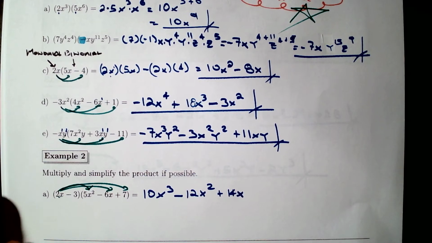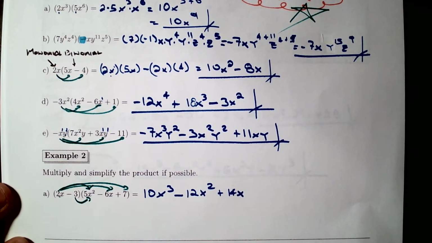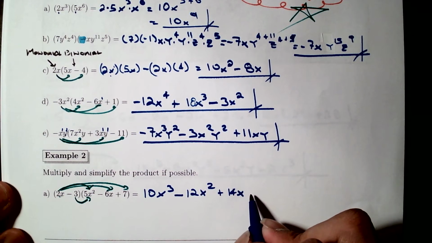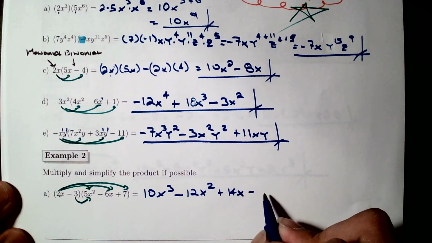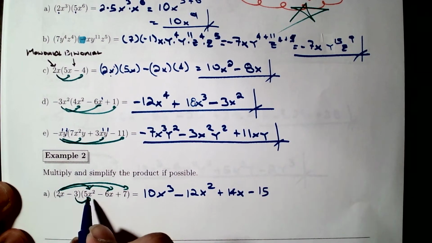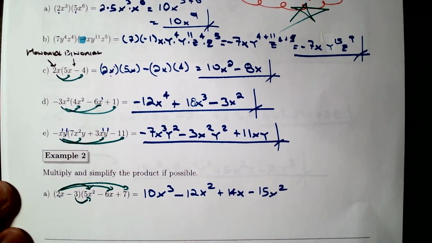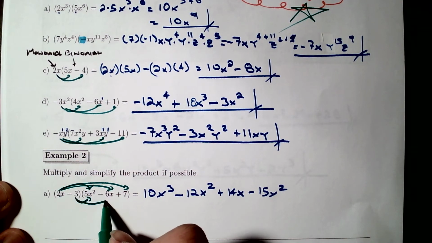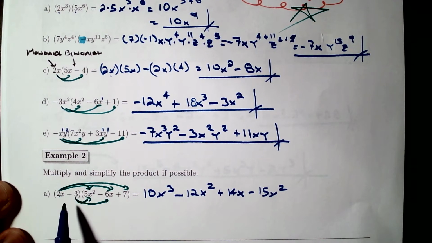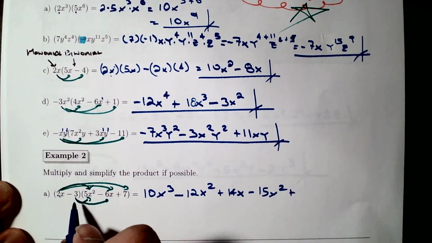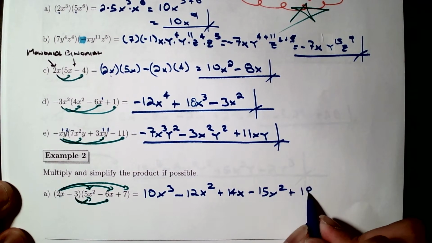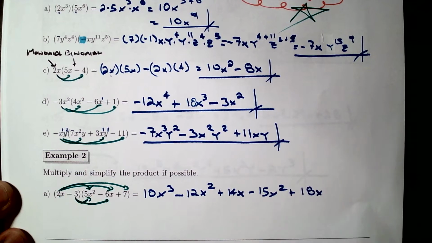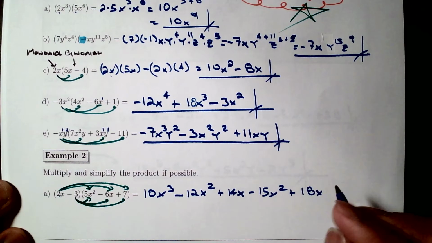Okay, and then we're going to do the same over here. Negative 3 times 5, that's negative 15 x squared. And then the next thing we do, negative times a negative, that's positive 3 times 6, that's 18 x. And finally, negative times a positive, that's a negative 3 times 7, that's 21.